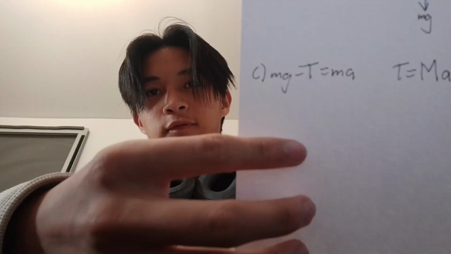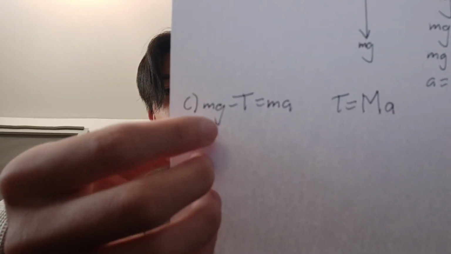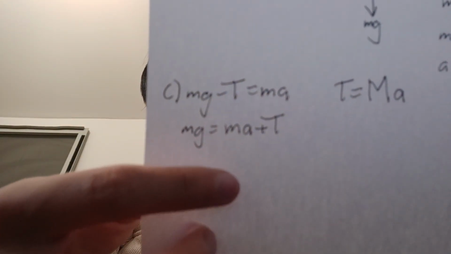In this case, it's just this one. It only wants it in terms of lowercase m, g, and a. So just this one. Just add this to both sides. mg equals ma plus T.